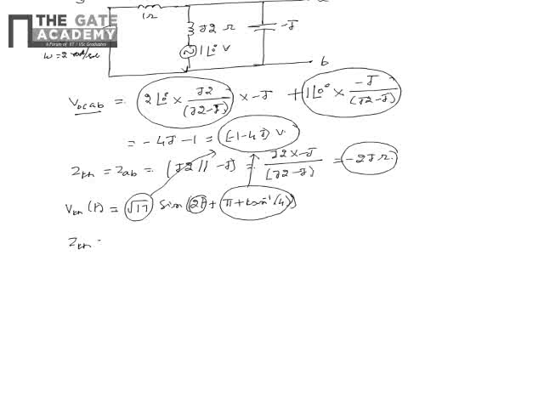Similarly, the Thevenin's impedance can be written as minus 2j ohms. So from this we see that the Thevenin's equivalent circuit will have the Thevenin's voltage as marked and Thevenin's impedance as marked. From this we see that the correct option representing the Thevenin's equivalent circuit as seen from terminals A and B is C.